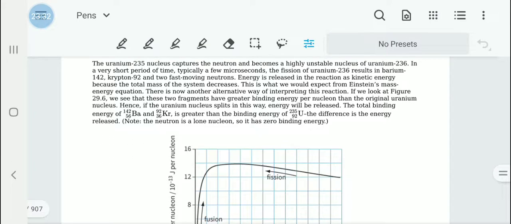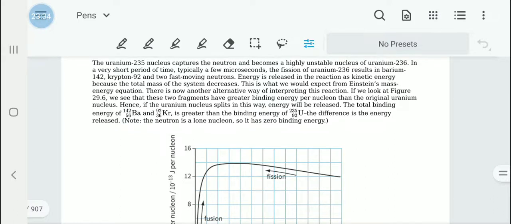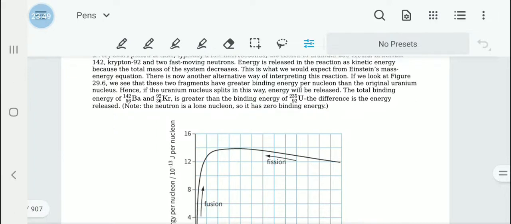So the difference between the binding energies of uranium-235 and barium and krypton would be the energy released.